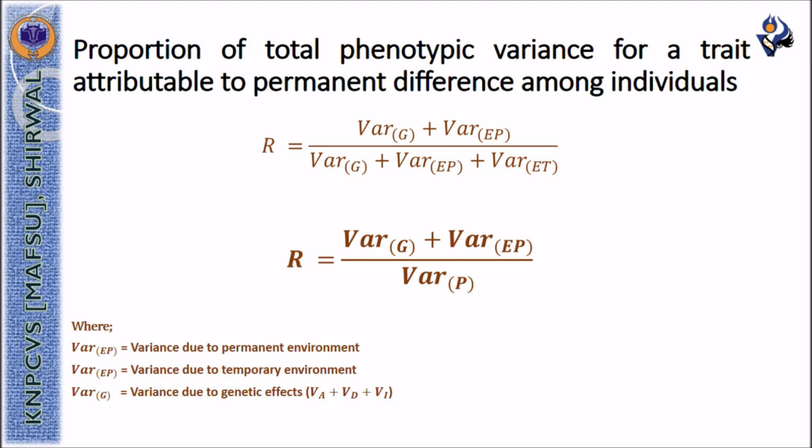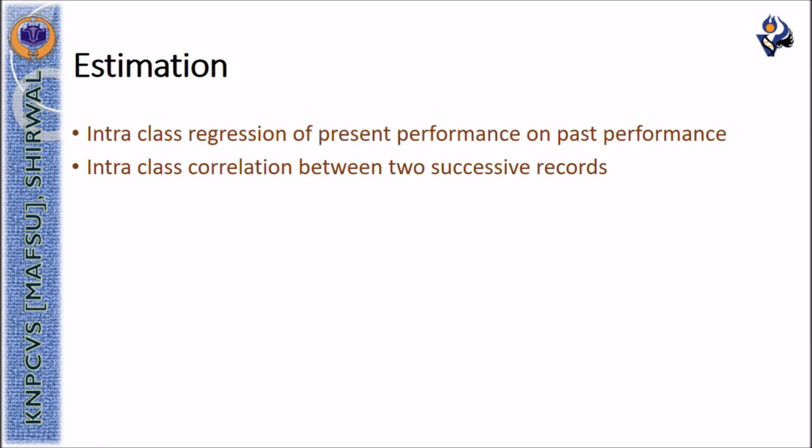Repeatability can also be expressed as the proportion of total phenotypic variance for a trait attributable to permanent difference among the individuals. Today, we are going to see the intra-class correlation method of estimation of repeatability.